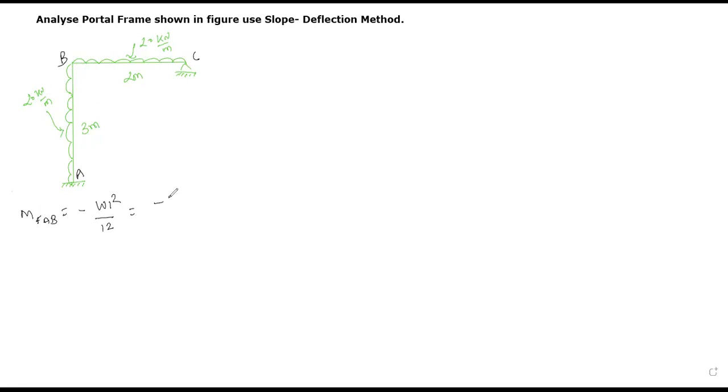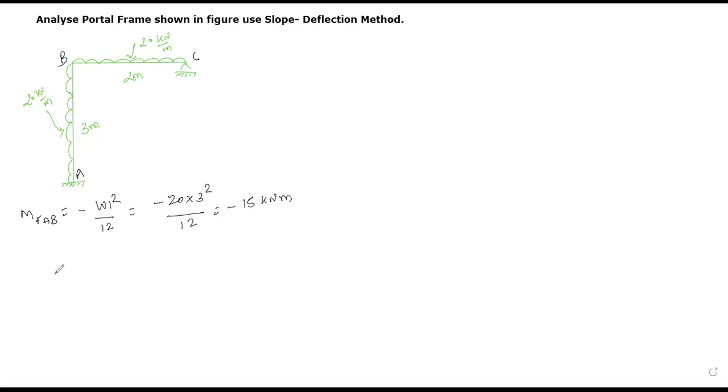That is nothing but minus 20 into 3 square by 12. Please tell me what the fixed end moment is. Minus 15 kilonewton meter.